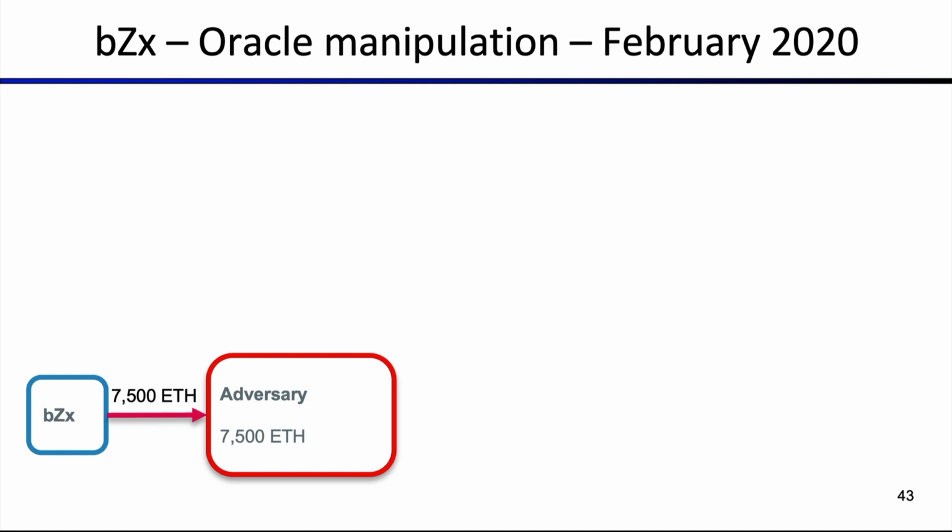The second attack that we're looking at today is the BZX Oracle manipulation attack. This was actually the second attack that was carried out on BZX in February 2020. The first step of this attack is an adversary taking a flash loan on BZX. BZX, as we had in the earlier example, is a margin trade provider, but also allows borrowing a flash loan.